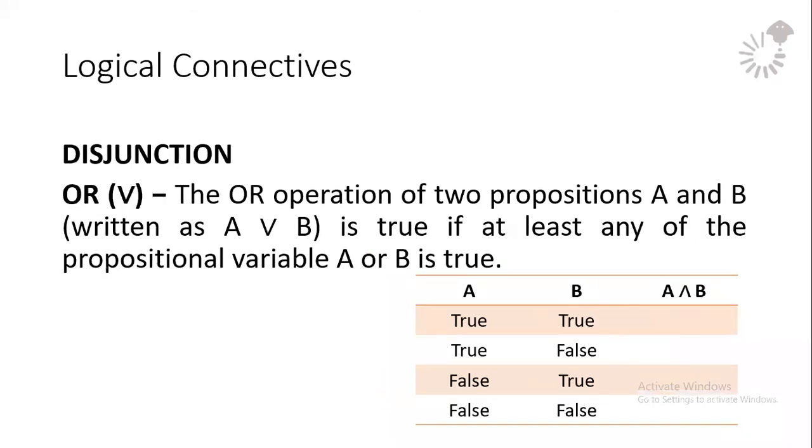Disjunction, the logical operator OR. Here, its symbol is V. So, the OR operation of 2 operands A and B is written like this. It is true if at least one of the values is true. So, in short, it is true if any value is true.